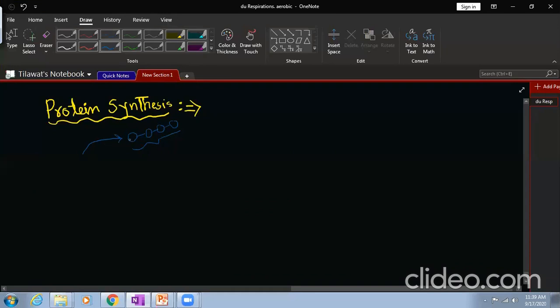I already discussed with you that for each amino acid, three nucleotides form one codon, and that code converts into this amino acid sequence. All amino acids are arranged in a specific sequence. For example, here is amino acid 1, here is amino acid 2. For example, this is valine, this is glutamic acid, this is tryptophan, like different amino acids we have.